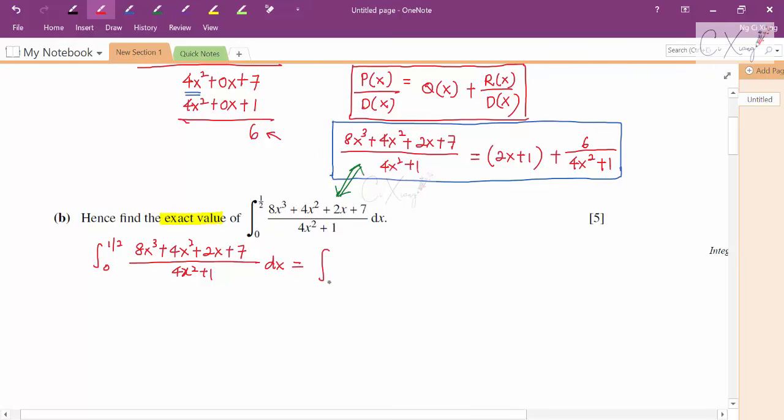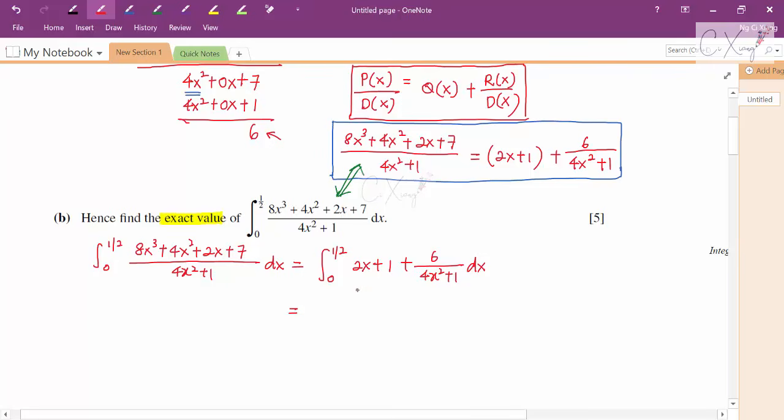Since I already rephrased my equation just now as quotient and remainder over divisor, I'm going to replace this with 2x plus 1, plus 6 over 4x squared plus 1.